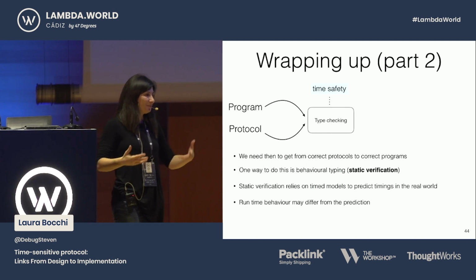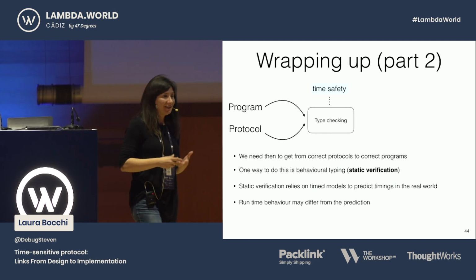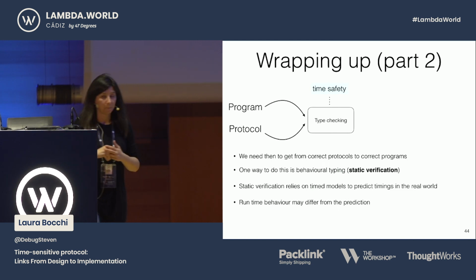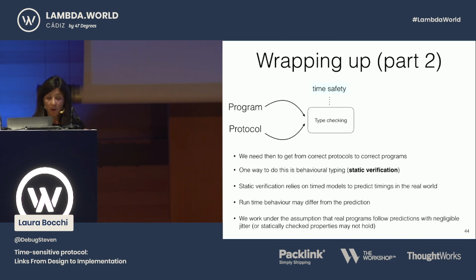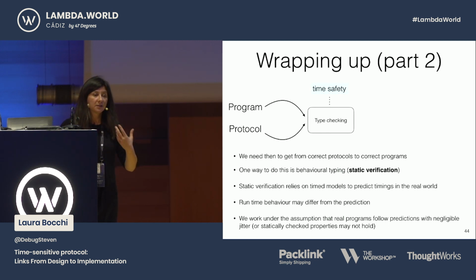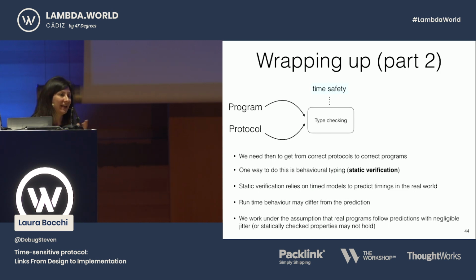We all know that people are late sometimes, and unexpected delays may happen. So we work under the assumption that the real programs follow predictions with negligible jitter. But if we are really worried about jitter, then we need something else. So we need something to increase the robustness of our verification method.